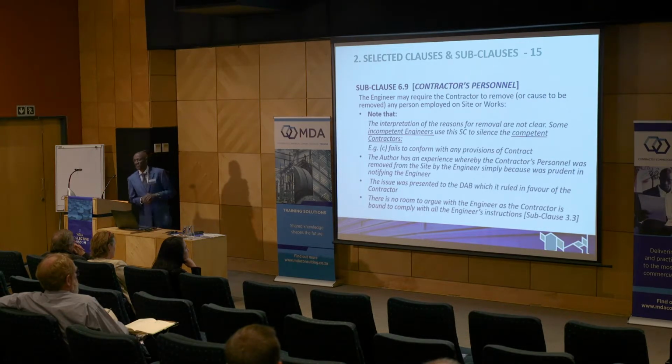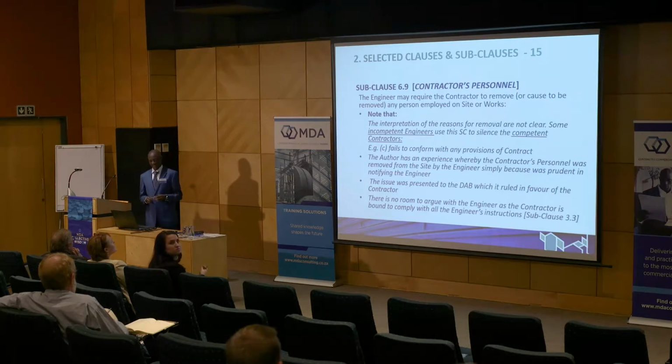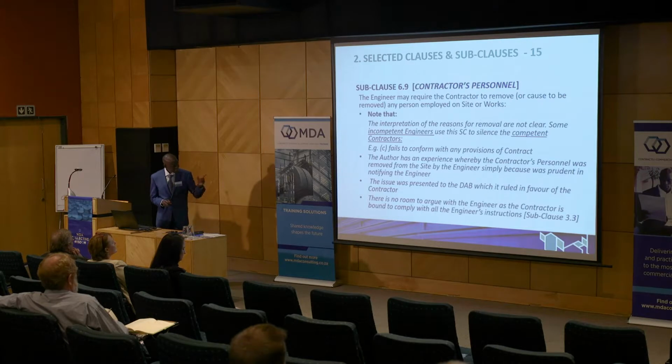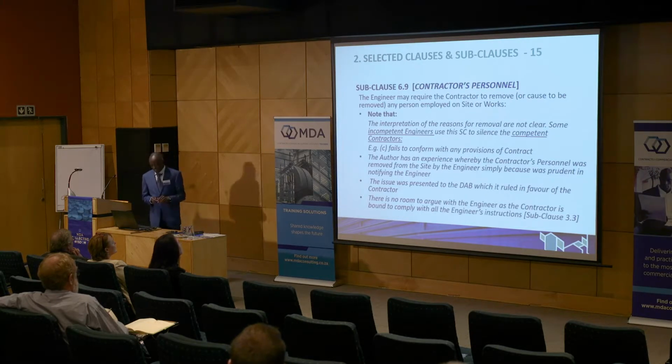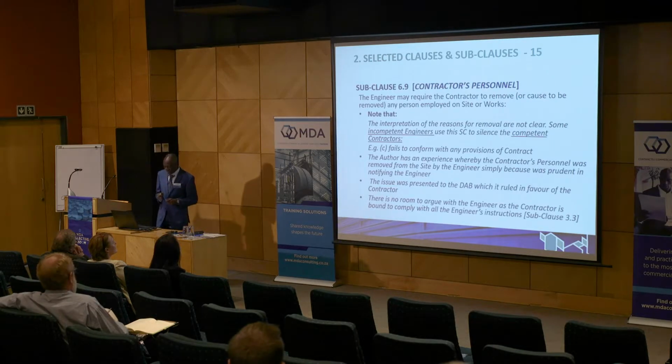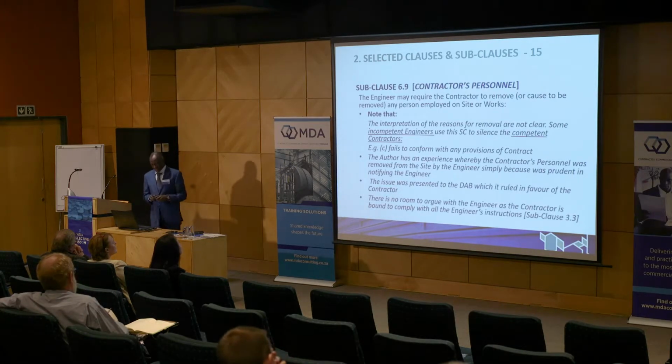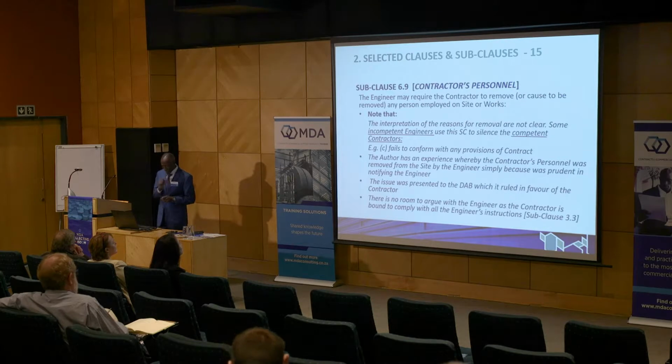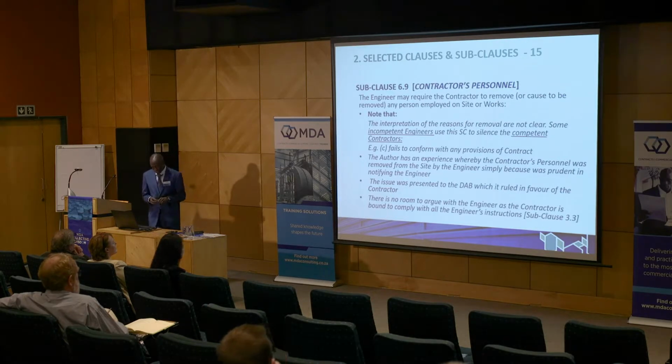But sometimes, if his skill may be a threat to the engineer, because under this subclause, the engineer may require the contractor to remove or cause to be removed any person employed on site or works.